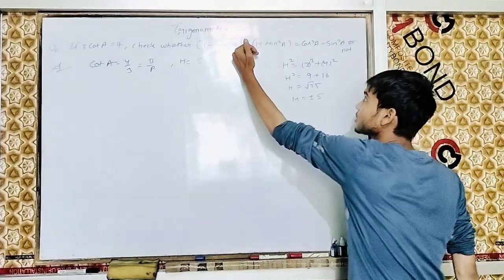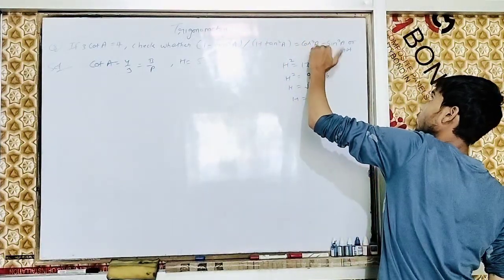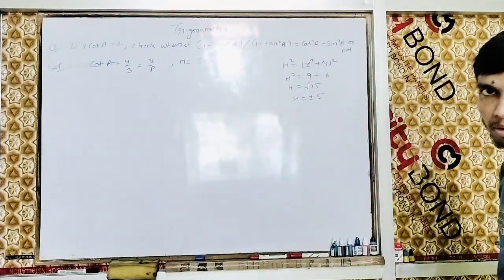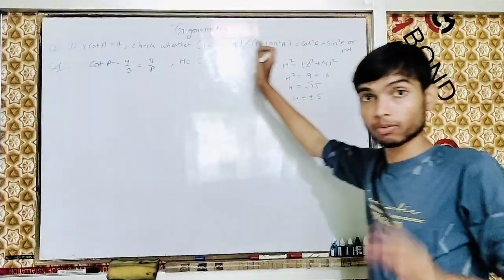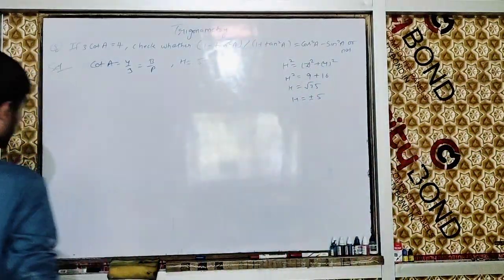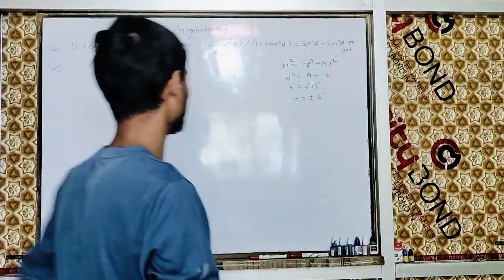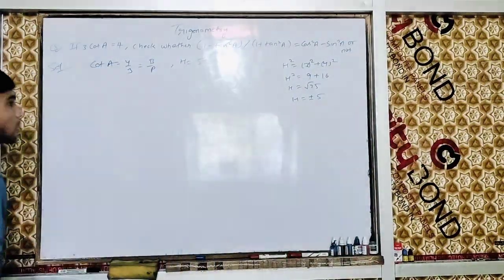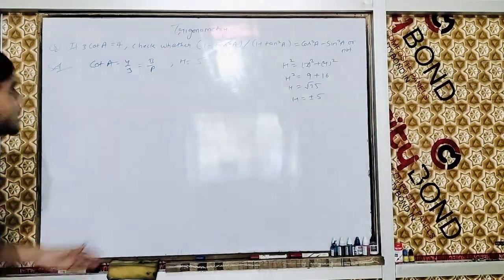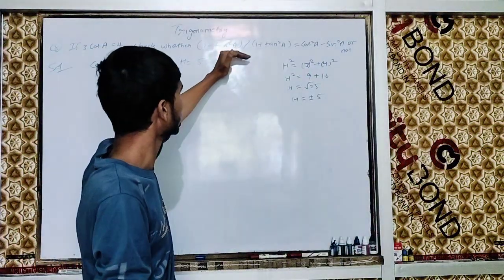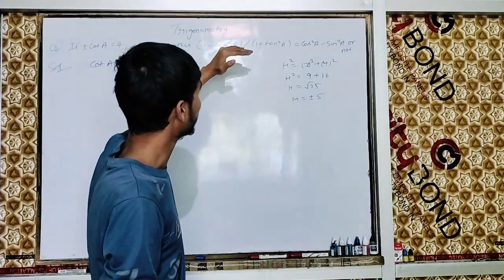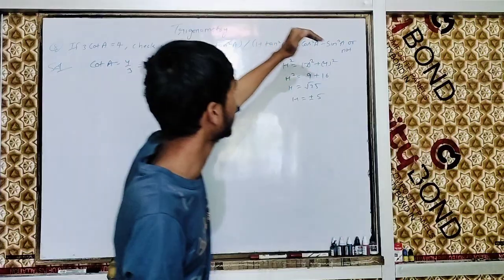When the value of this comes equal to this side, then we will say yes, this is equal to this, but with proof, and proof will come when we solve it. There should be logic behind your process, behind solving the question. So let's start with this. First of all, we will simplify this, then this.